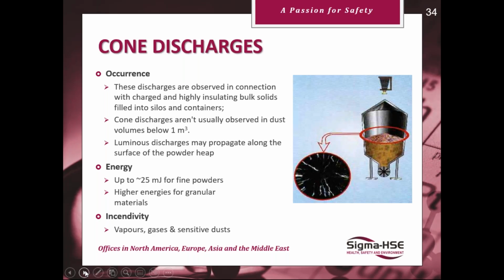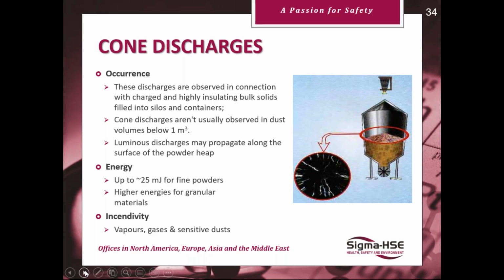On further talking with the operators, one of the maintenance men said he looked through the observation window a few weeks prior and saw a very pretty, glowing, radiated lightning going across the top of the bulk granules. This was a cone discharge that caused the problem, and they ended up having to inert the atmosphere with nitrogen.